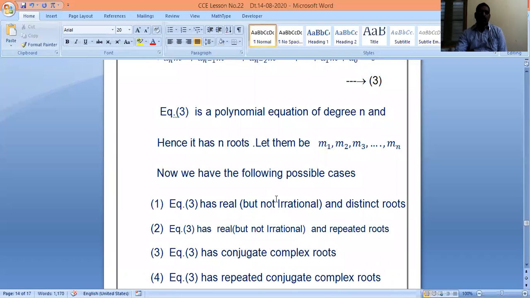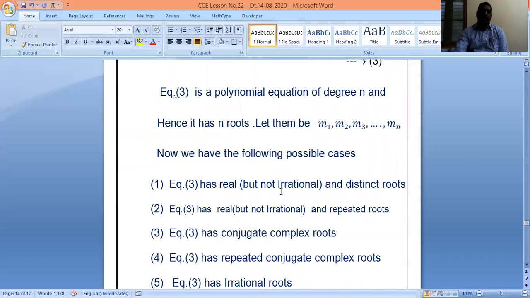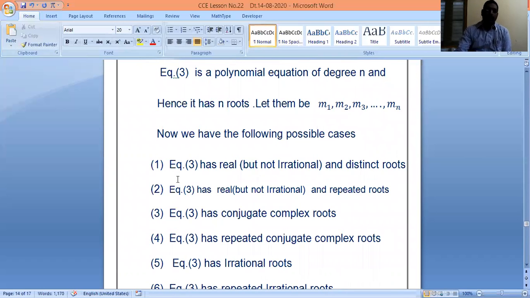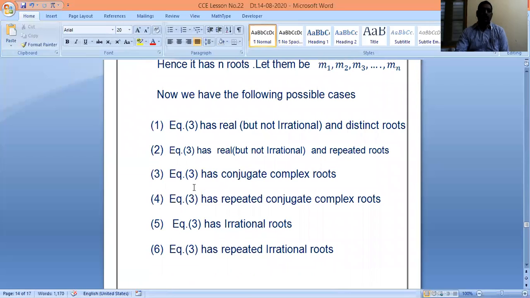Now we have the following possible cases. Number 1, equation 3 has real but not irrational and distinct roots. Number 2, equation 3 has real but not irrational and repeated roots. Number 3, equation 3 has conjugate complex roots.